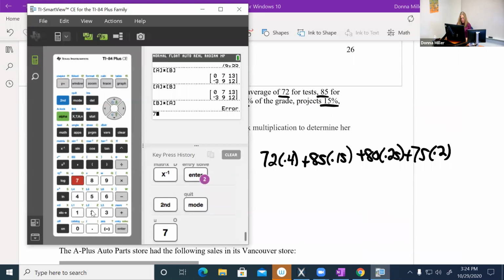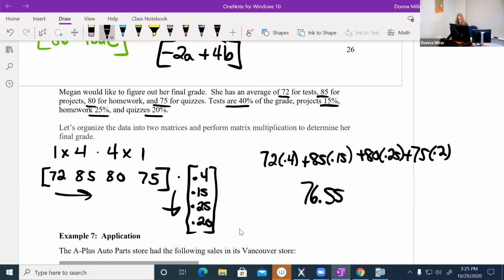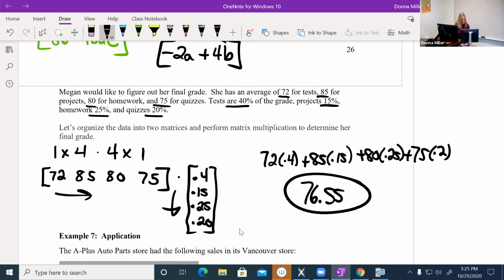All right, so if I plug in the calculator, I get 76.55. All right, so that would be your current course average.